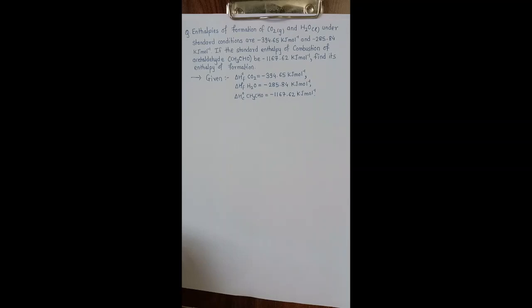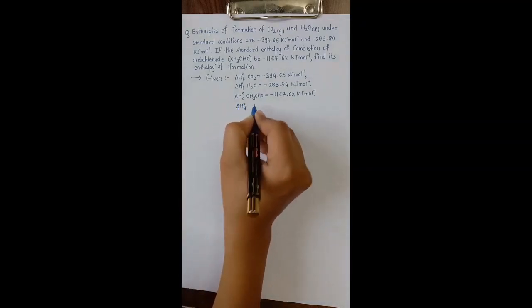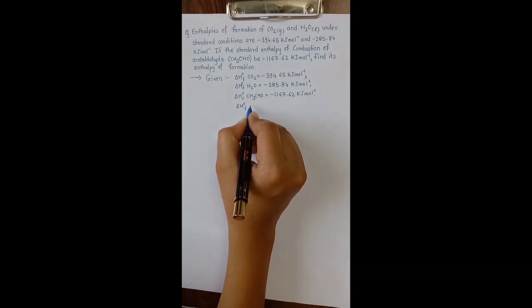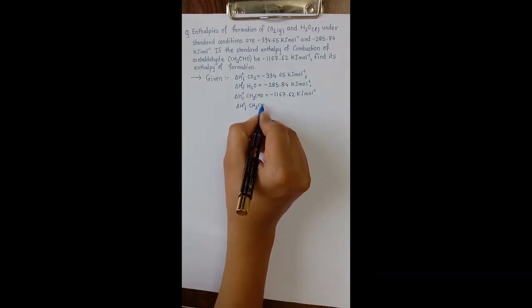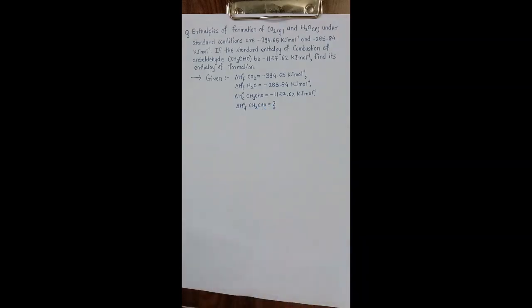So now what we have to find? We have to find delta H naught, that means enthalpy of formation of CH3CHO. So first of all, we have to write the reaction for combustion of acetaldehyde.